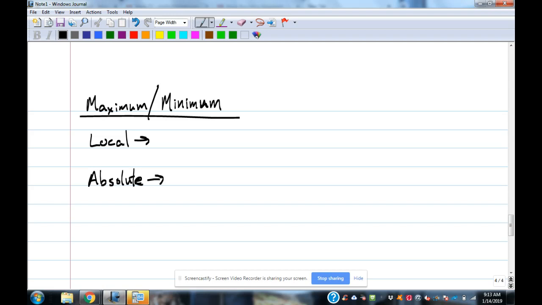If we're looking at a local max, we're going to talk about a small interval, a small snapshot of our whole function. An absolute, we're talking about over the entire domain. Okay, so local is over a smaller interval.